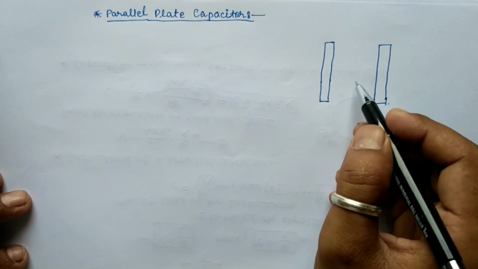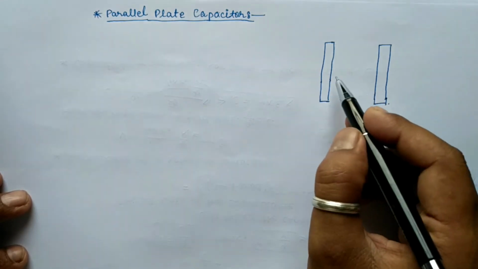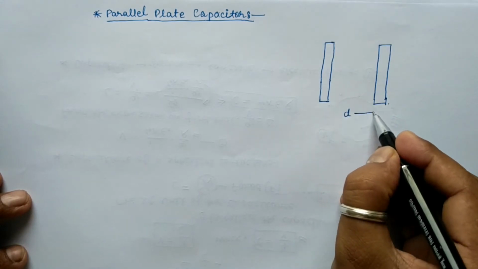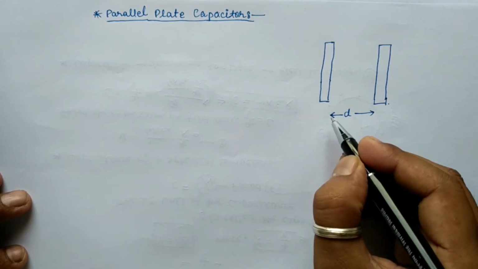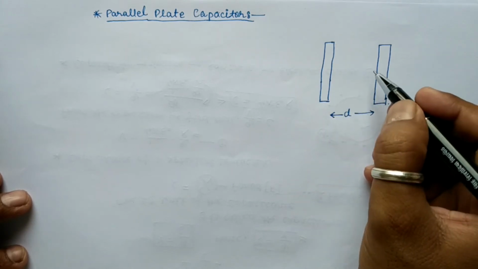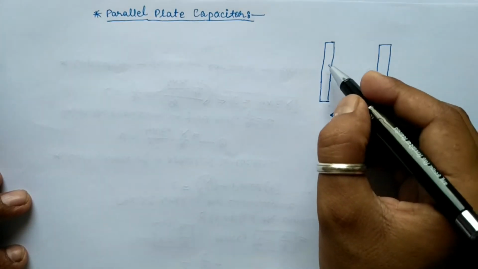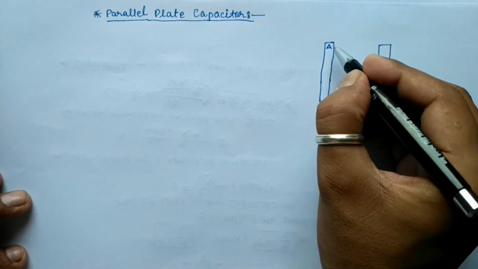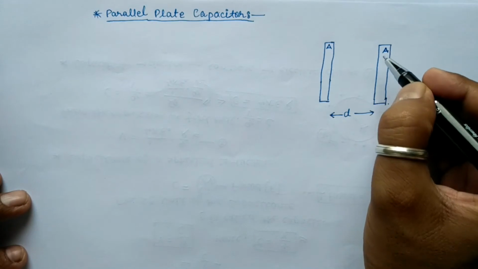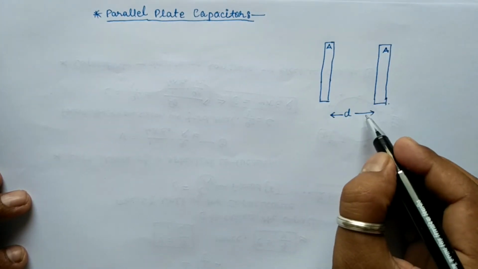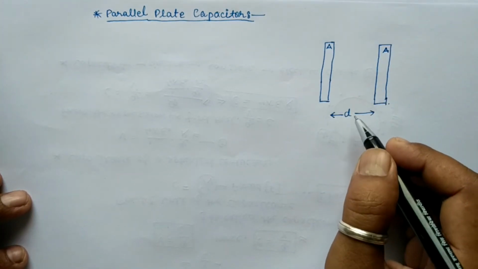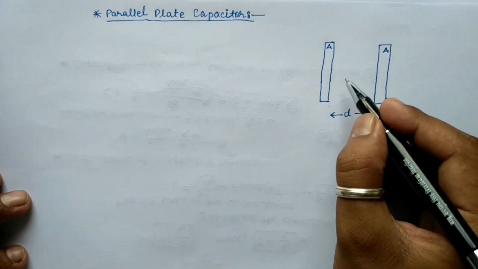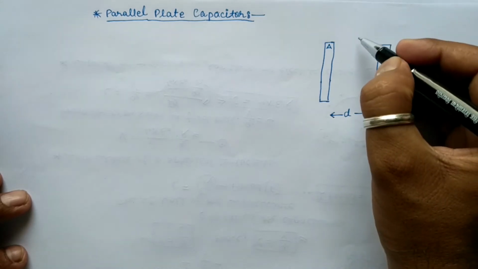These plates are of any shape but of same size and separated by a small distance, that is d, and suppose the area of each plate is capital A and distance between them small d. Also assume that the space between these plates contains vacuum.